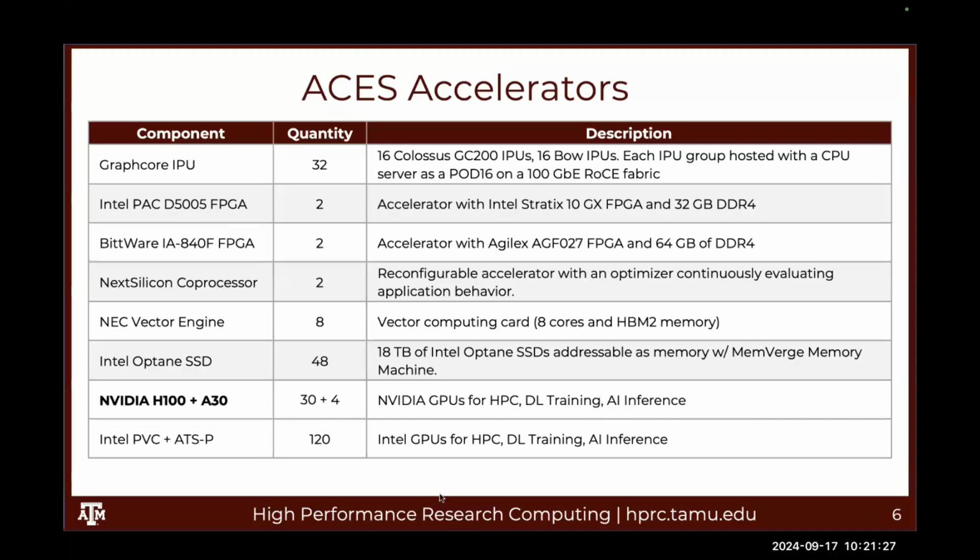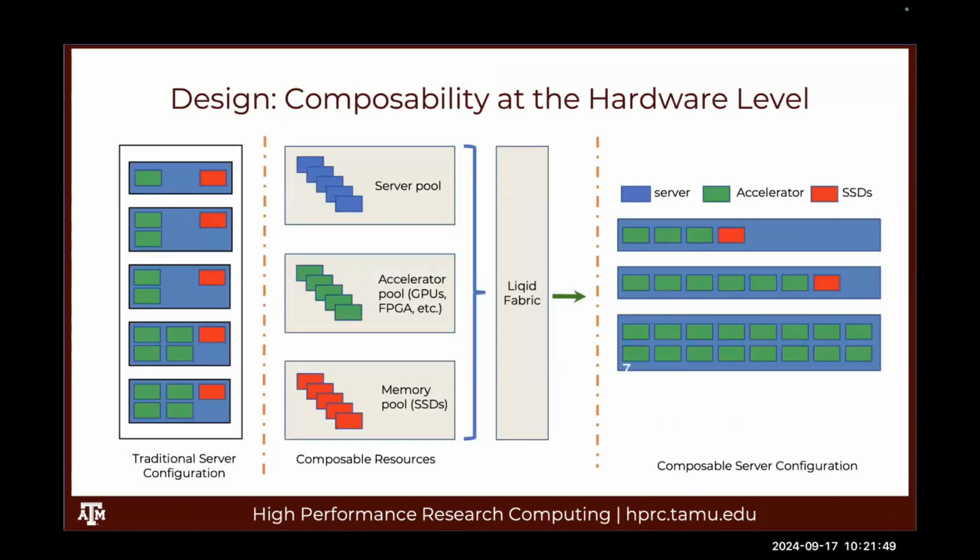We have 120 of them, so we have a large quantity. If you want to train your model on a lot of nodes and distribute it, you can use our Intel PVC GPUs.